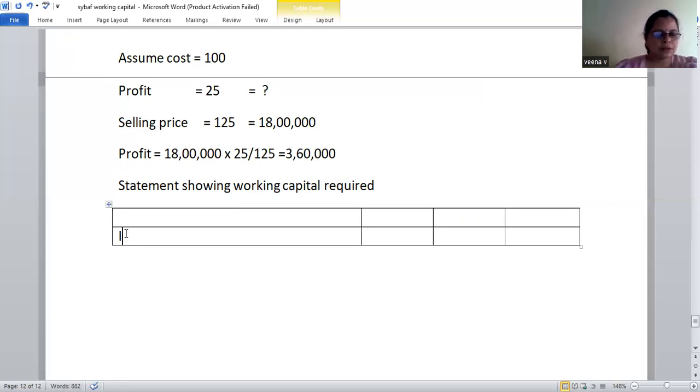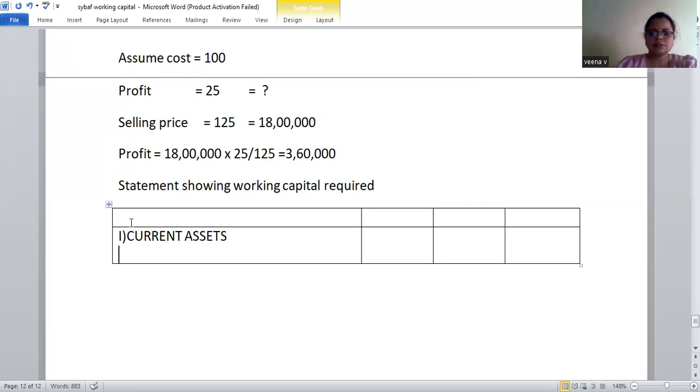Roman 1 will be our current assets. In current assets, first A will be stock.